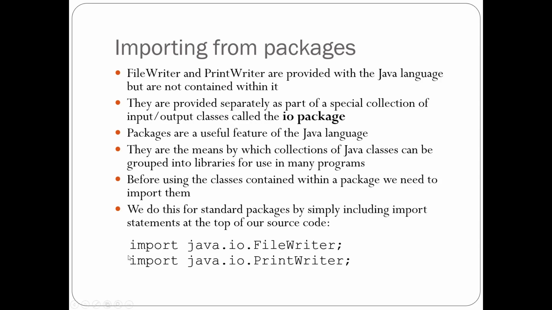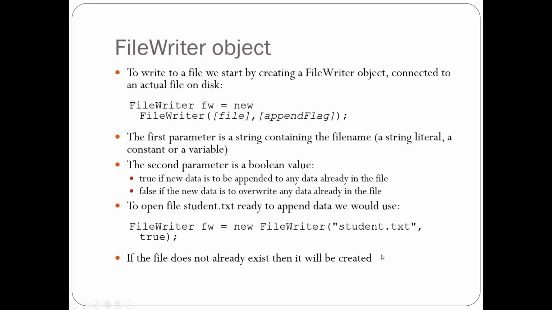So we would write import java.io.FileWriter, which allows us to connect to an external text file, and import java.io.PrintWriter, which will give us the functionality to actually write the data to that file that we've connected to.